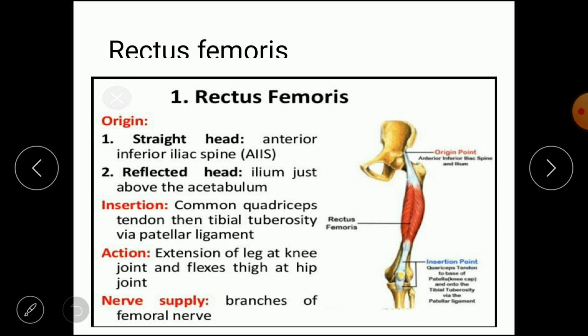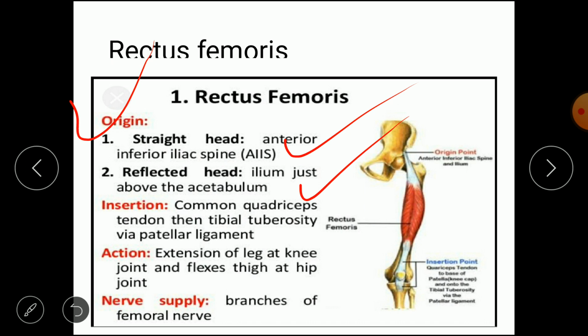First muscle is rectus femoris. It originates from the anterior inferior iliac spine, that is AIIS. The earlier one was ASIS, the superior iliac spine, and here it is the inferior iliac spine, and the other head is the reflected head, on the ilium just above the acetabulum.